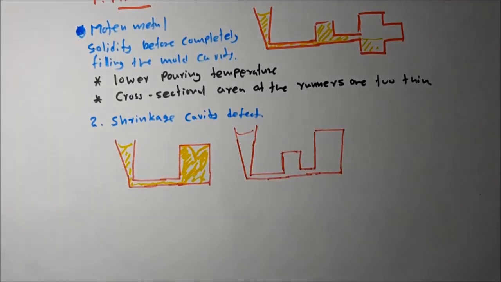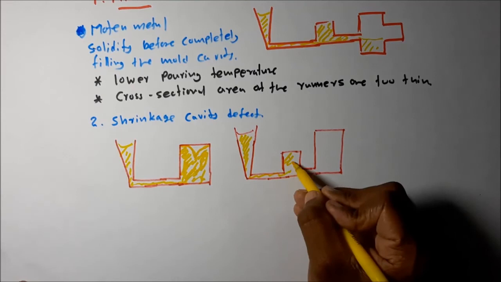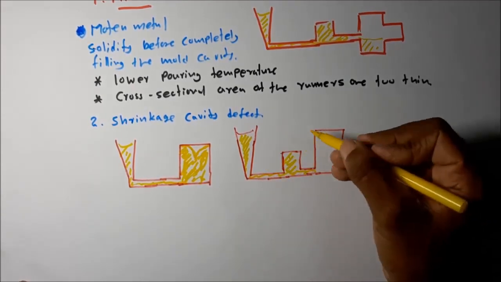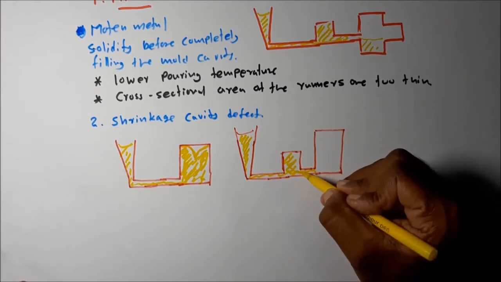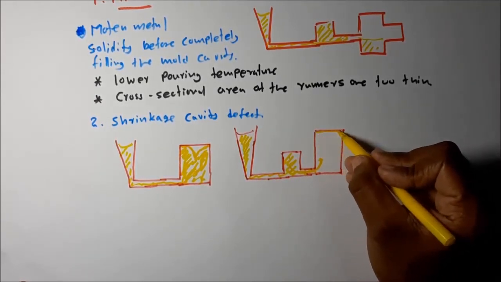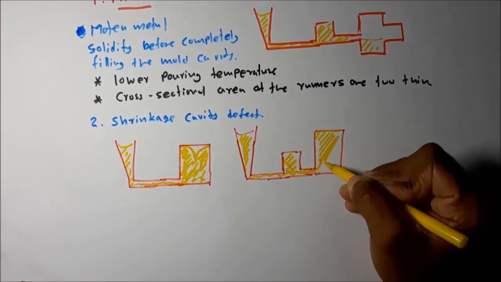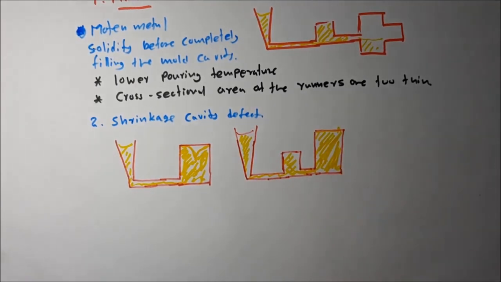Okay, then what happens? The molten metal fills the riser. Then after completing the filling, during shrinkage, the lack of volume is sucked from the risers. So you can avoid this kind of shrinkage cavity defect.